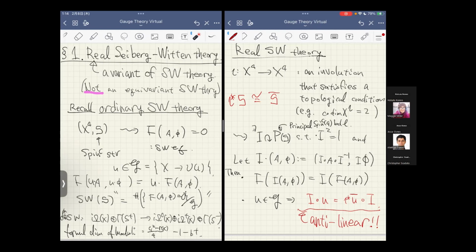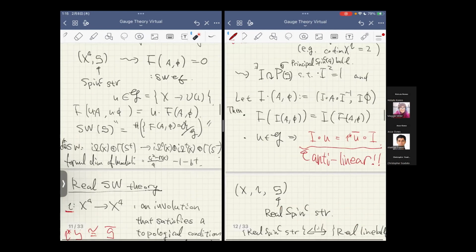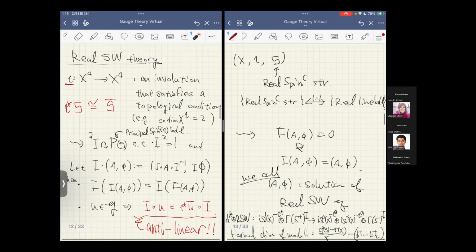So capital I is an antilinear involution, and capital I is a lift of this involution. So in this situation, we can consider solutions of the Seiberg-Witten equations that are fixed by capital I.